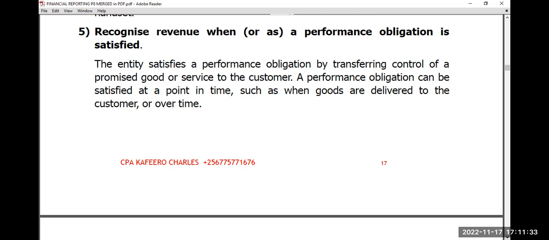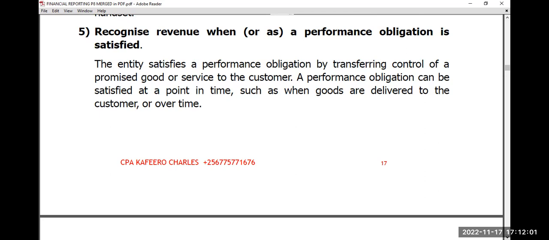You have received that money, but you have not yet worked for it. It means we can't recognize that money as revenue in that financial period because we have not worked for it. So revenue should only be recognized when or as the performance obligation is satisfied.